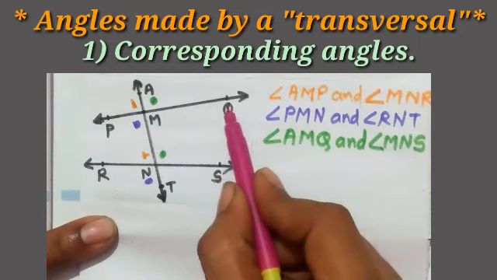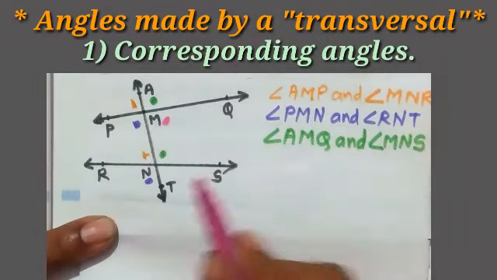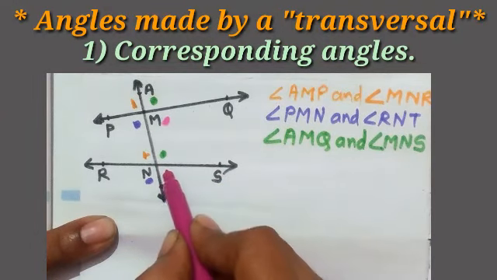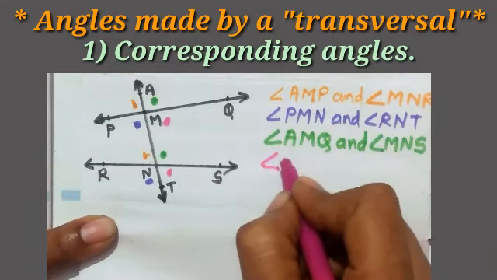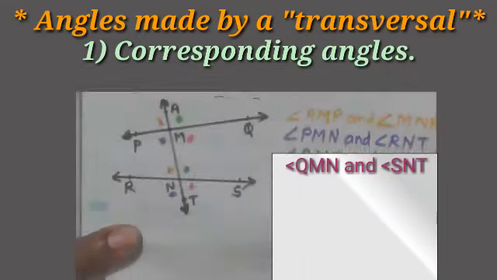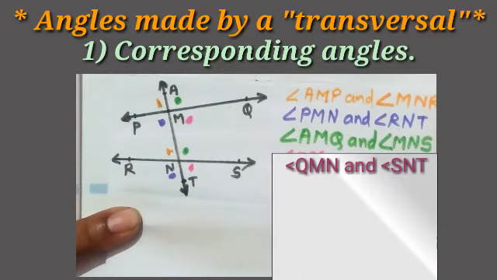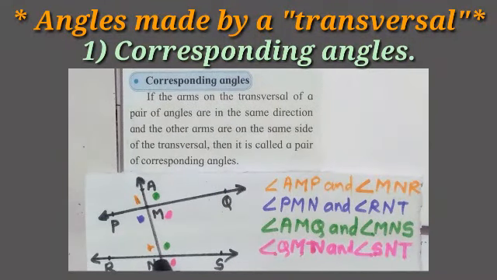Now the last one is QMN and SNT. So write it: angle QMN and angle SNT is the last, it means the fourth pair of corresponding angles. You have to write this definition along with the figure and the pairs of corresponding angles in your classwork notebook.